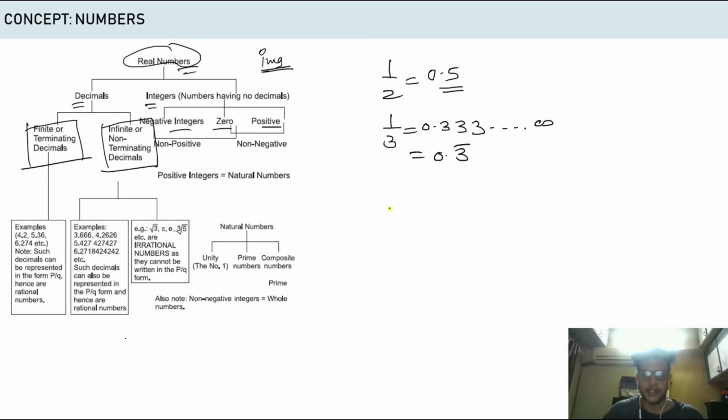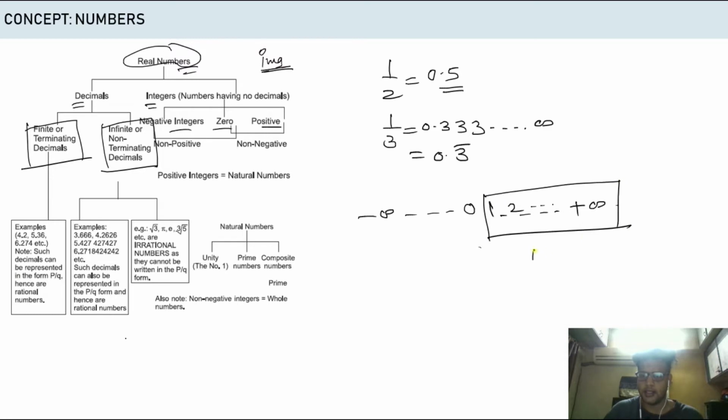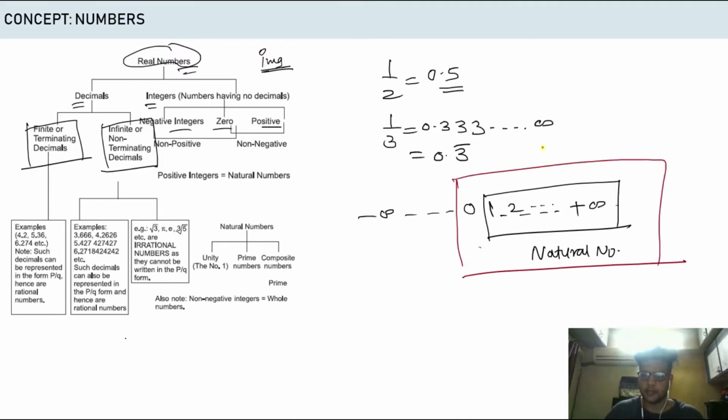Integers start from minus infinity, 0, and go on till plus infinity. If you start from 1 to plus infinity, these are called natural numbers. And if you add 0 to the natural numbers, the whole thing becomes whole numbers.